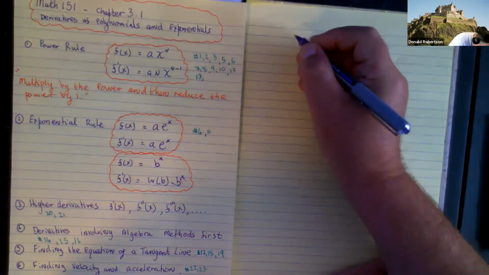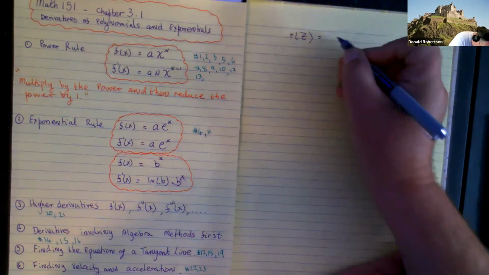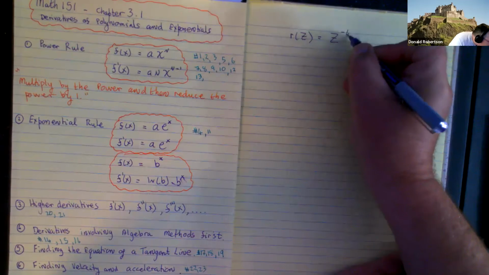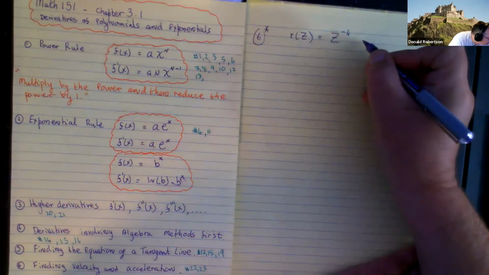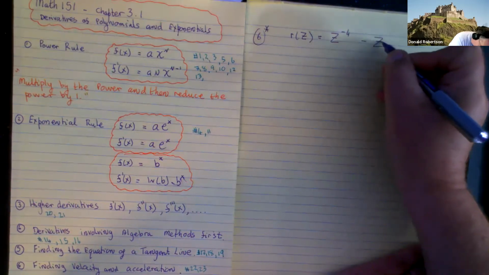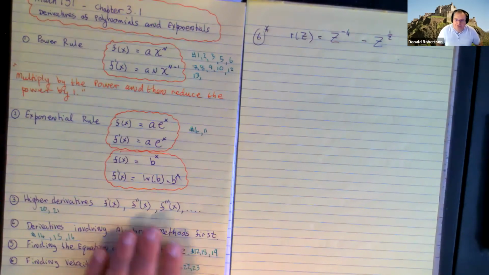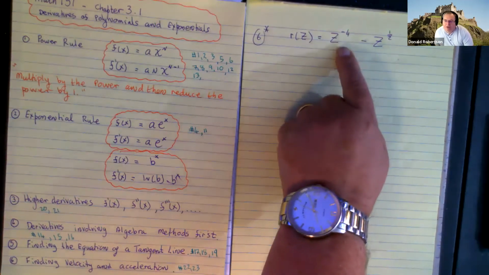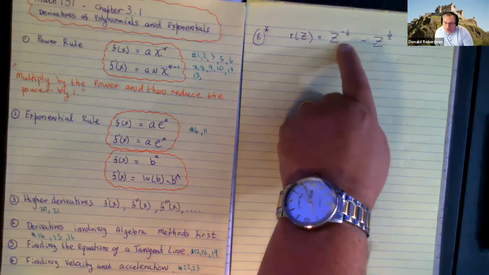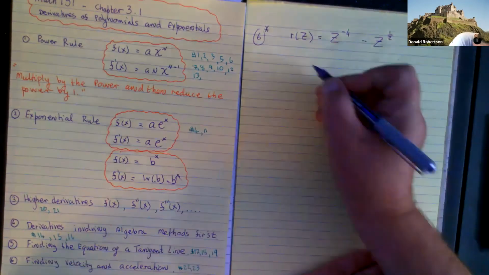Okay, let's change variable names to z. This particular one is a version of question 6. Now, this particular question has been written in a form that is good to go. Would you agree? I can use the power rule on these. I didn't need to do any algebra, which is nice.